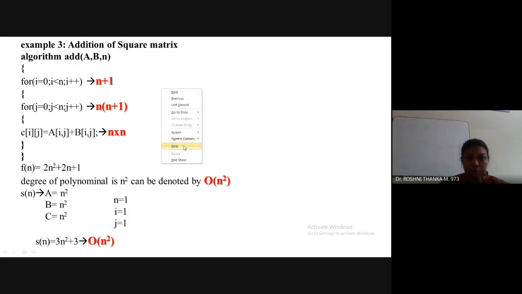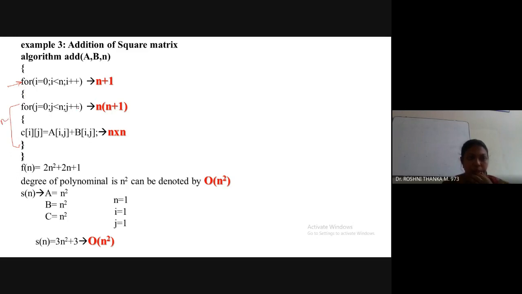The inner for loop is the body of the outer for loop, and it will be executed for n times.